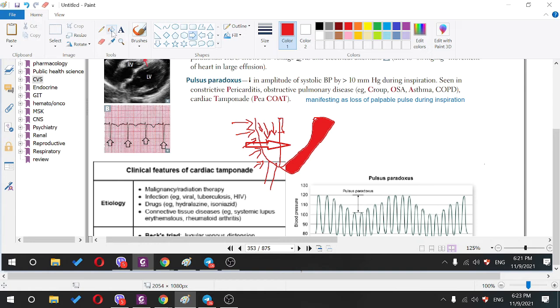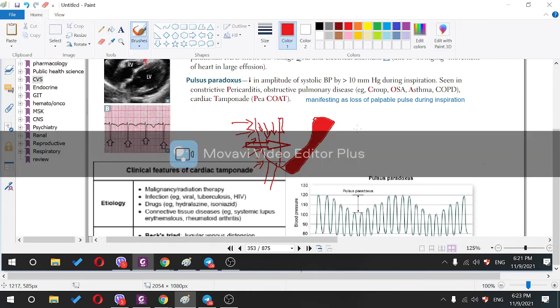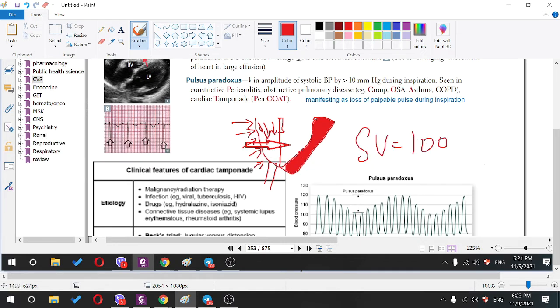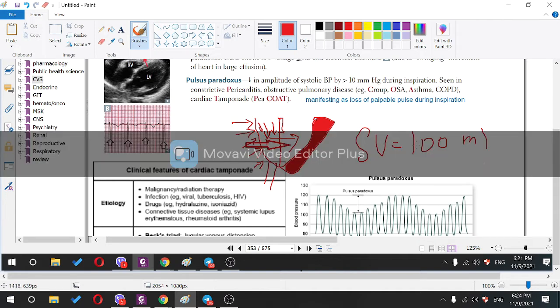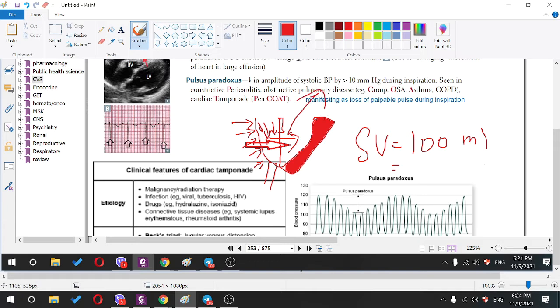Well, let's imagine that, for example, you have a stroke volume of 100 milliliters, okay? If you push this septum to this side during inspiration, like during that second, what will occur to this 100 milliliters? Will it increase or will it decrease the stroke volume? Remember, stroke volume is the amount of blood going from the left ventricle to the outside.